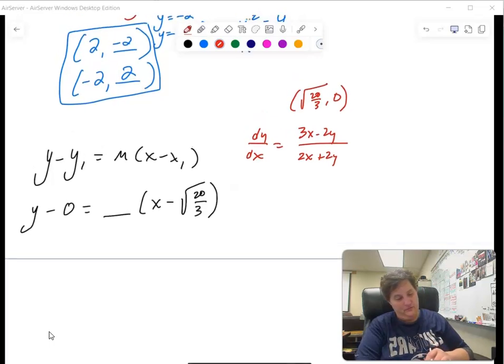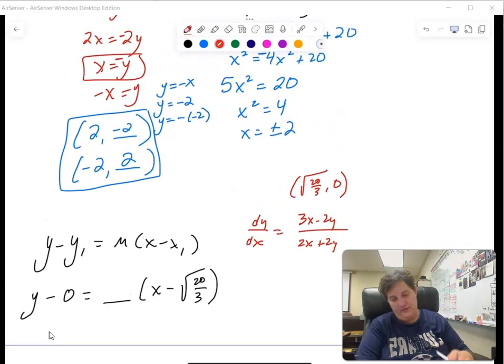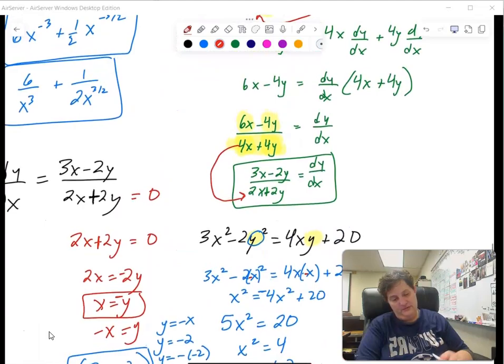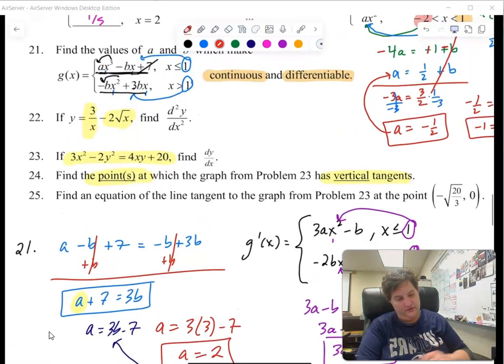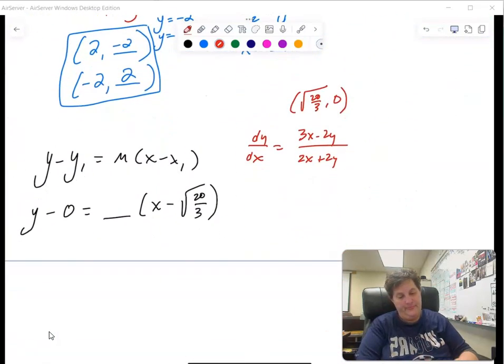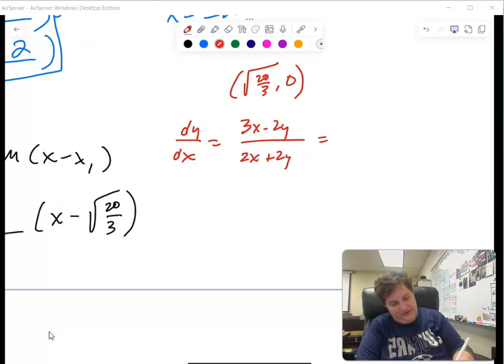Okay, let's see what we got. 3x minus 2y over 2x plus 2y. I'm just making sure I'm doing this properly. All right, so let's figure this out. If I plugged it in, oh, and it was negative. See, I keep catching these little mistakes.